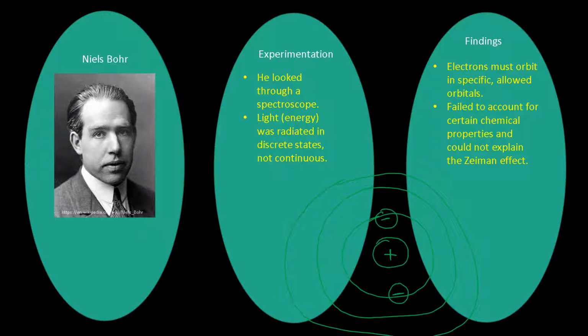And it's also important for you to know that within the first ring, there were 2 electrons. In the second ring, there were 8 electrons. The third ring, 18 electrons. And the fourth ring, 32 electrons.